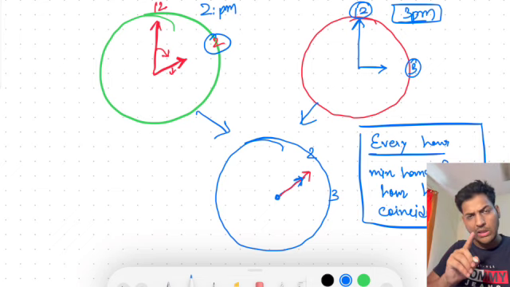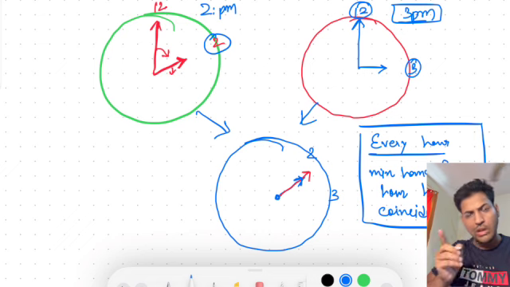In between 2 and 3 they will coincide once. In between 3 and 4 they will coincide once. Like that, in between 4 and 5 they will coincide once. So if that is the case, how many times should they coincide in 24 hours?